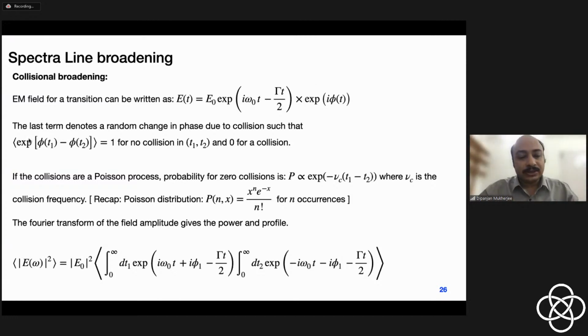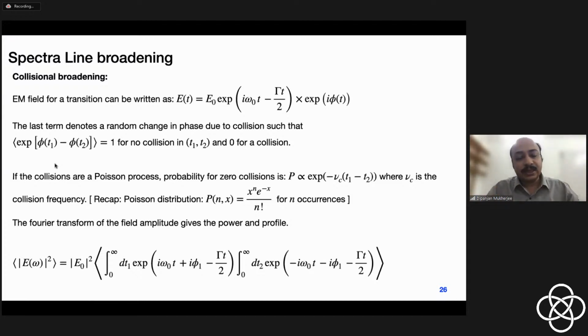So for no collision, if you just take an expectation or a mean of the electric field and average over the phases, it is 1 because it is autocorrelation. But if the phases change due to collisions, due to random collisions, this total integral over time would be 0 because these two are not really correlated anymore.